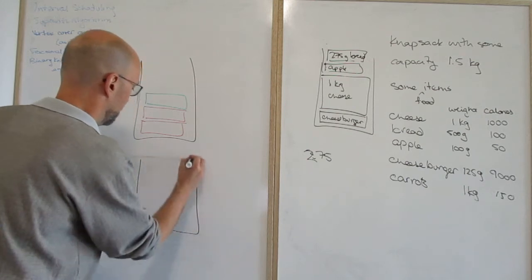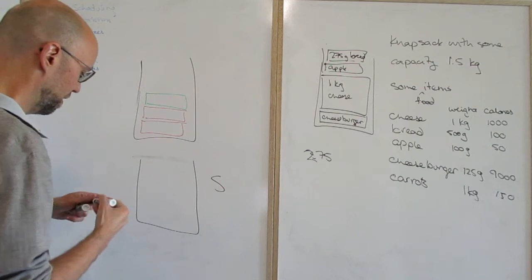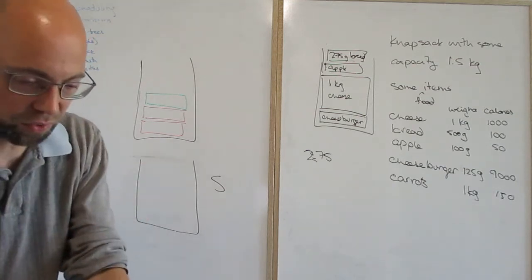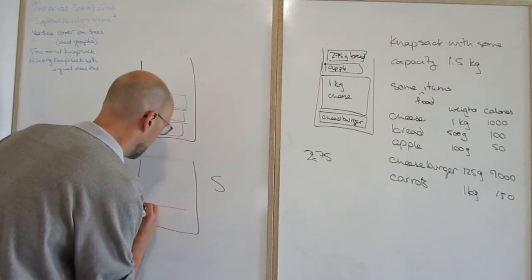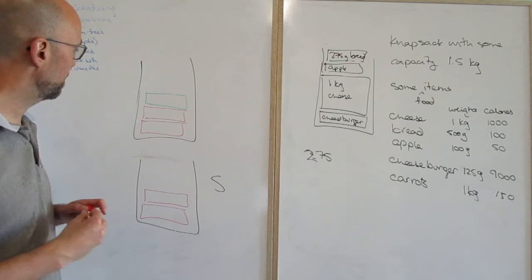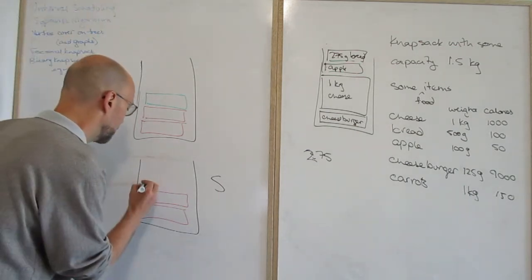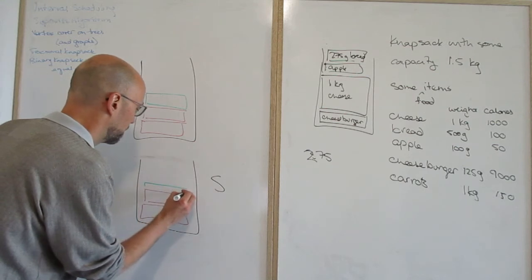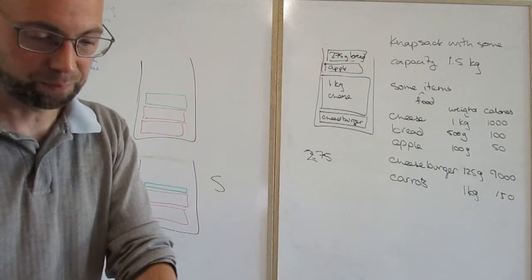And let's say that this is S, this is us, and this is S. So S takes the same two things to begin with, but then it decides not to take the green thing. Or maybe it takes a little bit of the green thing, but not all of it, and then maybe it takes some blue thing.